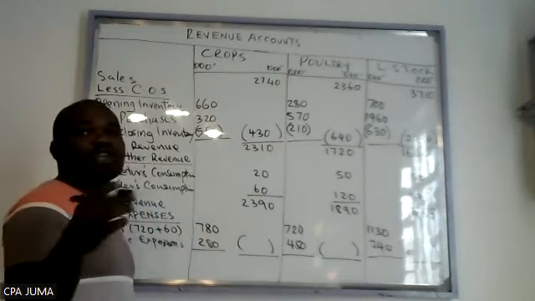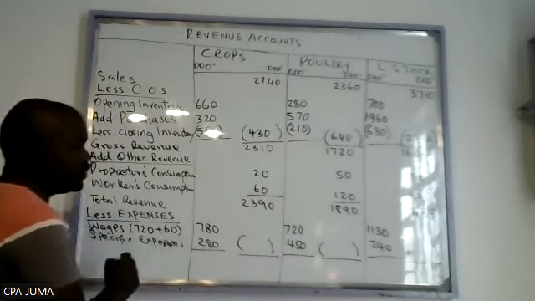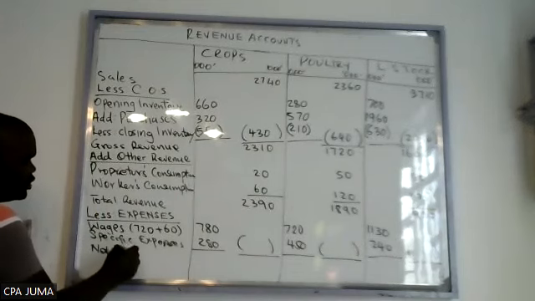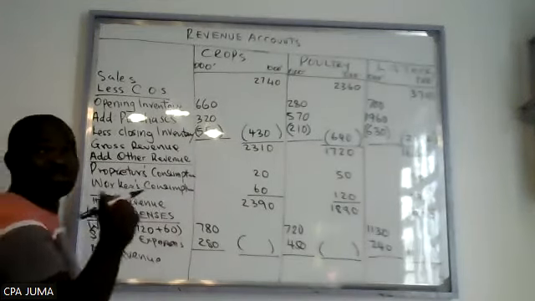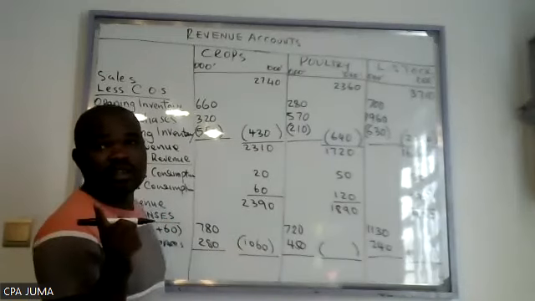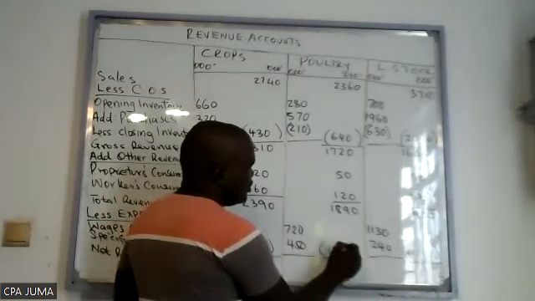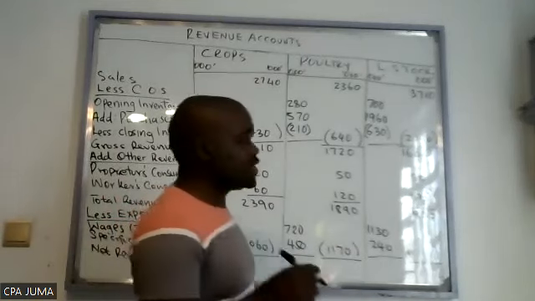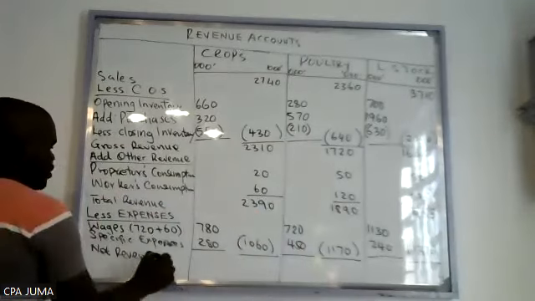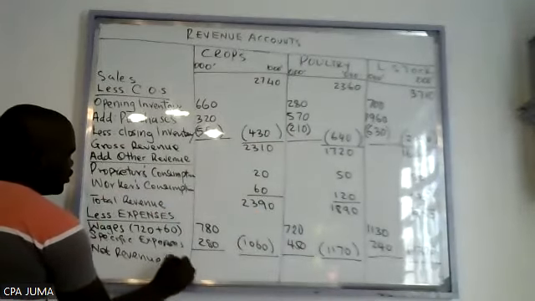Because I believe in you, start giving me the net revenue. So as I write, net revenue, I'll be having the answers. So that is 1060. That is 1170. That is 1370. So give me the net revenue to P&L, profit or loss.